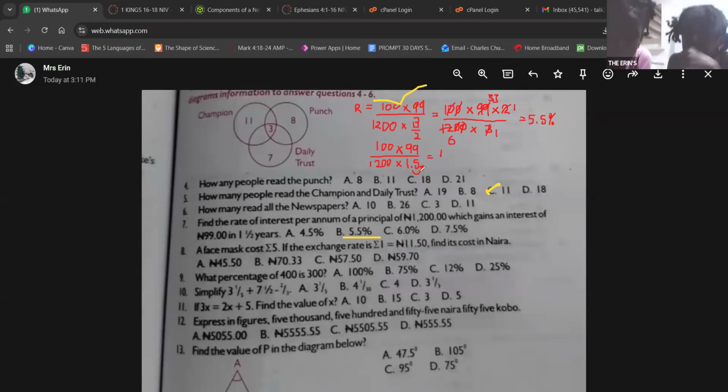I've moved this 1.5 down here. I've moved the decimal point to the right to make it 15. What shall I do to any of the numbers on top? Who can tell me? Add 0 to the 99. Thank you. Add 0 to either 100 or 99, isn't it? Yes, sir. Thank you for that excellent answer. That's what I expected to hear.